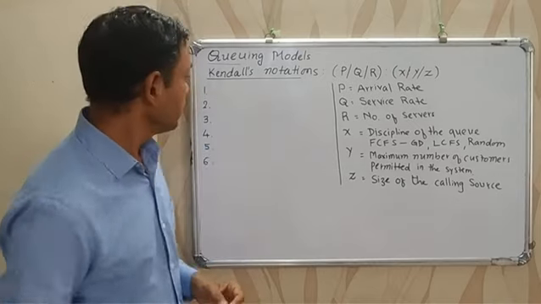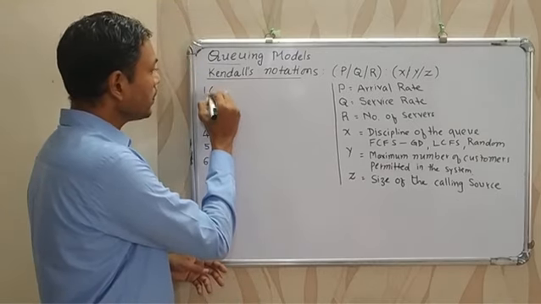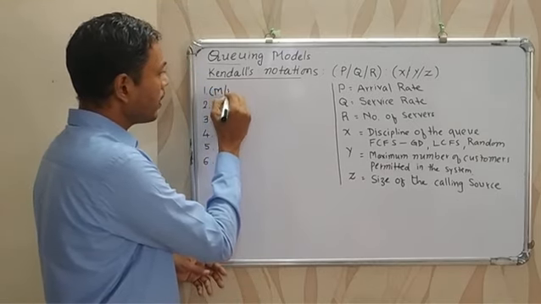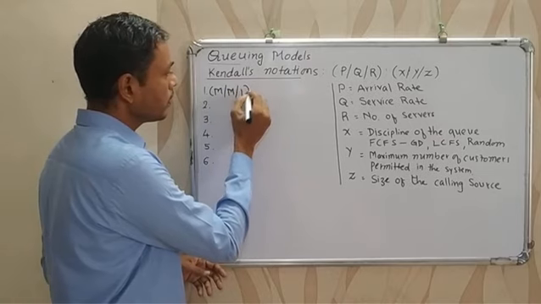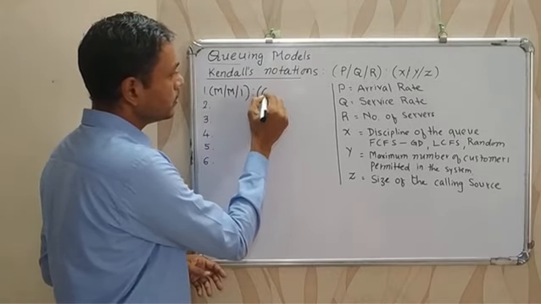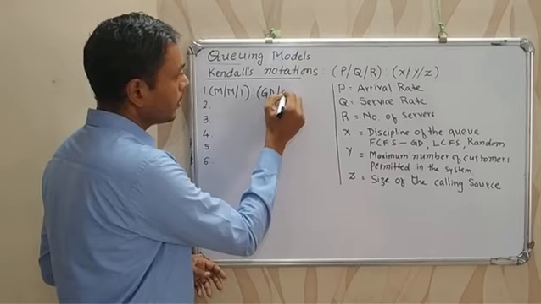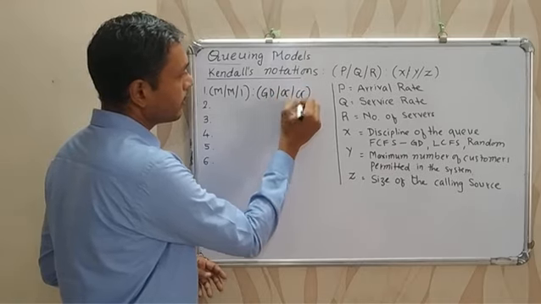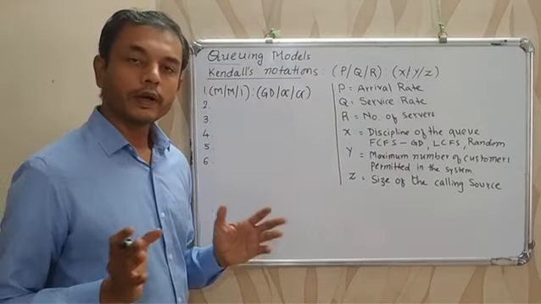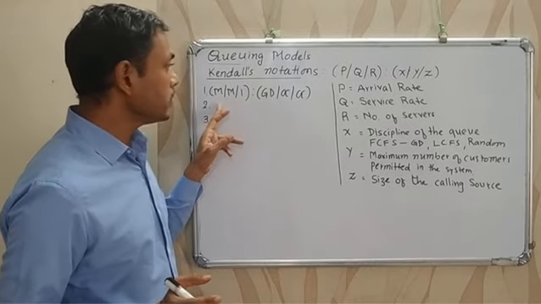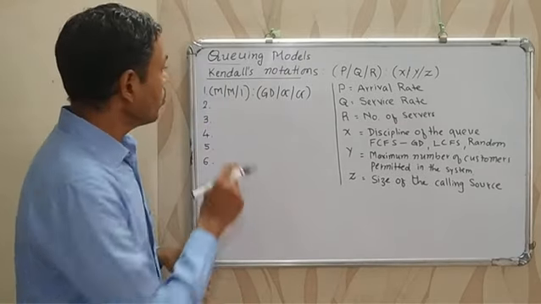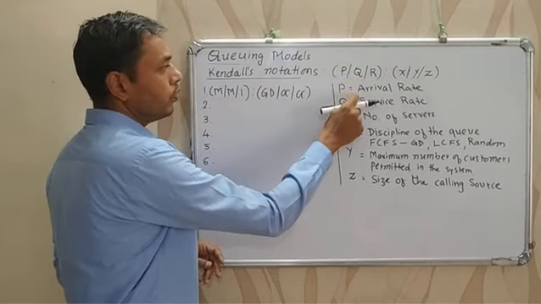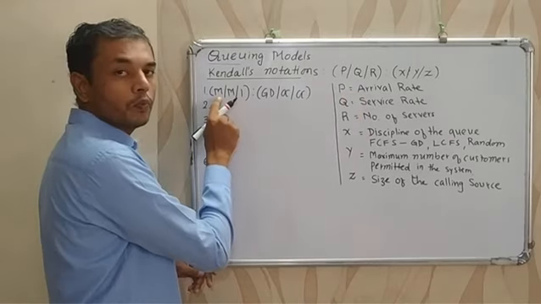Let's see the first type. The first type is represented as M/M/1, GD, infinite, infinite. M stands for Poisson distribution. The first term is the arrival rate, so the arrival rate follows Poisson distribution.